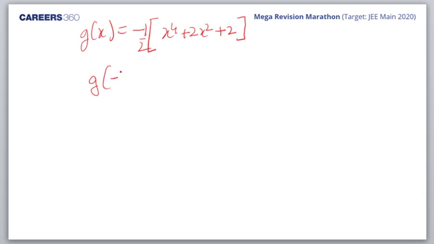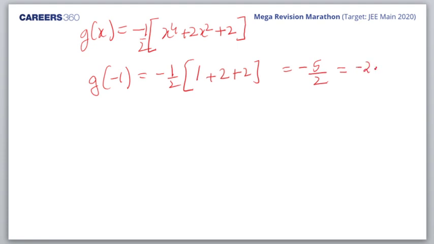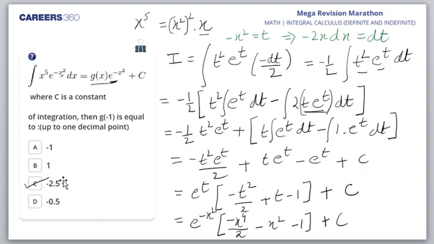So g of minus 1 will be minus half. I substitute minus 1 here, so I get 1, I get 2, I get 2. So what do I get? Minus 5 by 2. Am I right? So minus 5 by 2 in decimal would be minus 2.5. So this happens to be your answer. I hope you understood. Students, let's look at the answer once again, minus 2.5.